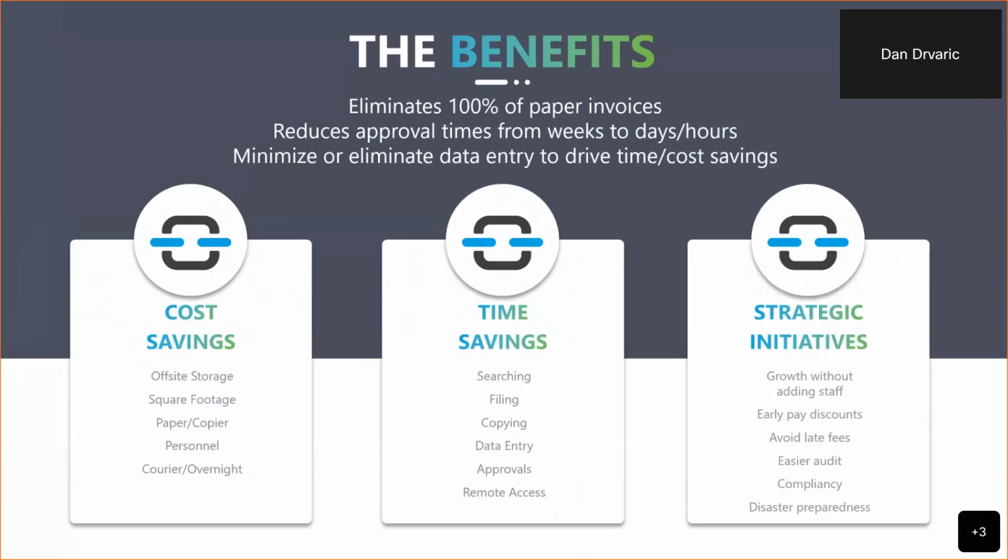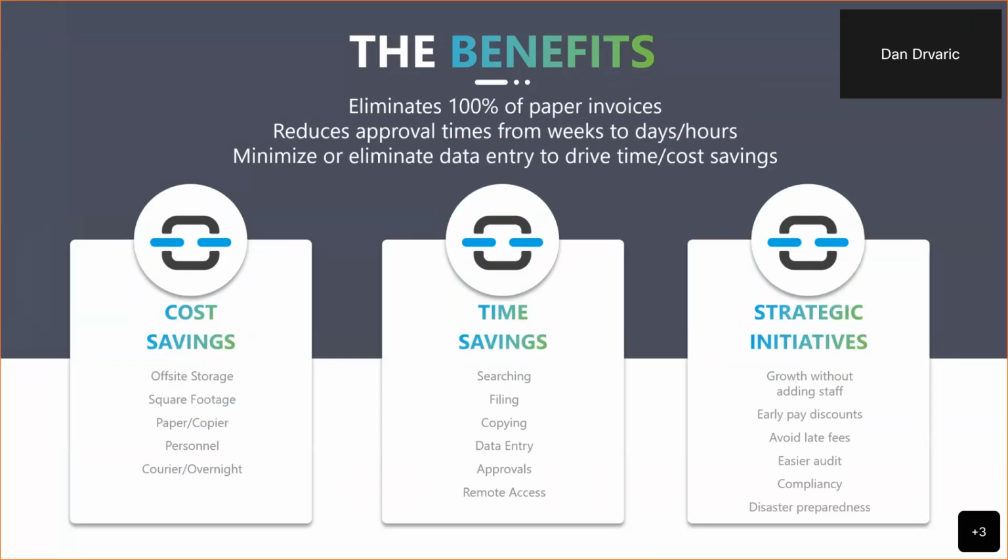This, I think, is probably one of my favorite slides. In the poll, 50% of us said cost savings. Here we see just a very brief listing of places where we can realize cost savings. We already mentioned offsite storage in the case study that we looked at earlier. I recently spoke to a company that is going to be able to save significant amounts because they're receiving invoices via email and then they still print them out and route them manually.